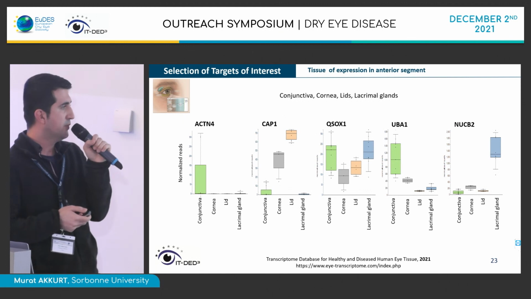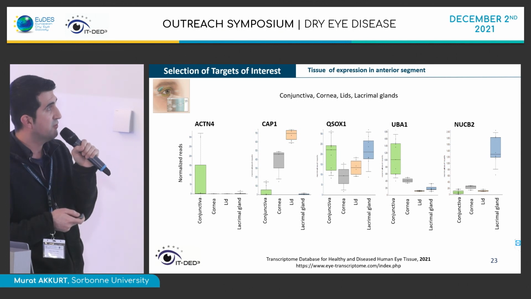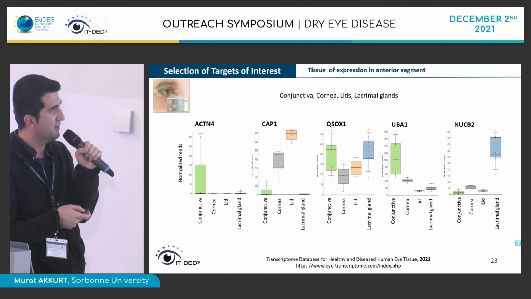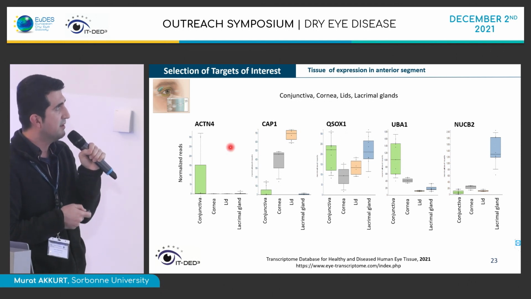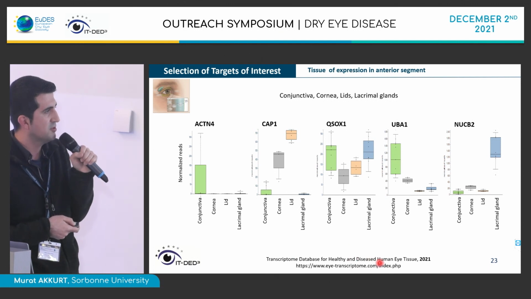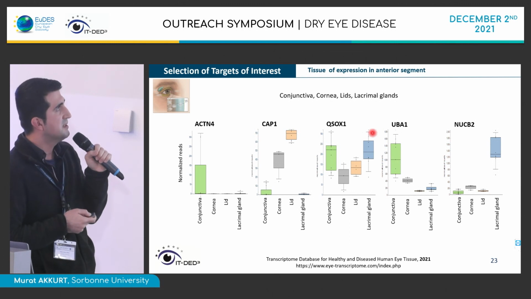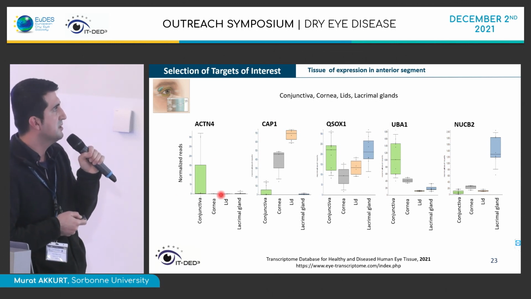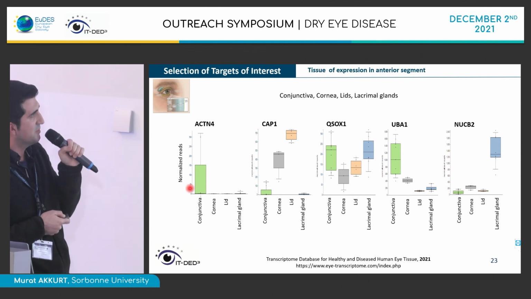And today we have databases that can help us about the expression of these molecular effectors in the anterior segment of the eye. I take this information from a transcriptome database for healthy and diseased human eye tissue, and because I'm interested in these targets, their expression is important, and here I can see their gene expression.